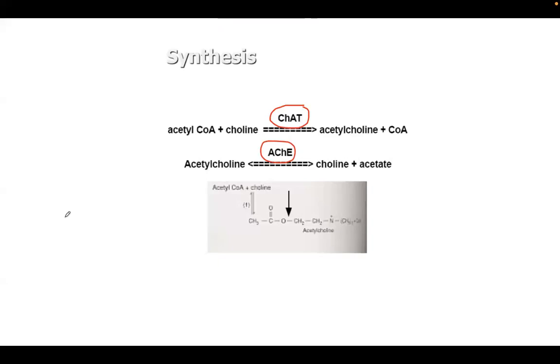Acetylcholinesterase is degradation. It degrades acetylcholine to choline and acetate. Choline acetyltransferase is for synthesis. So it synthesizes acetylcholine from acetyl-CoA and choline.